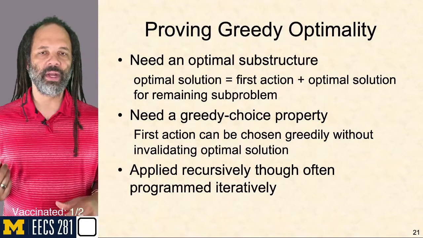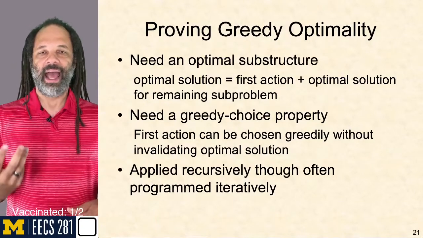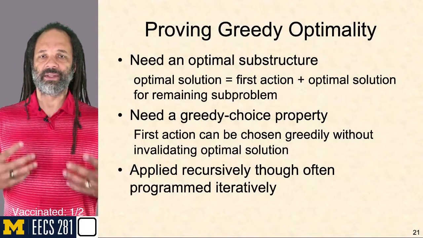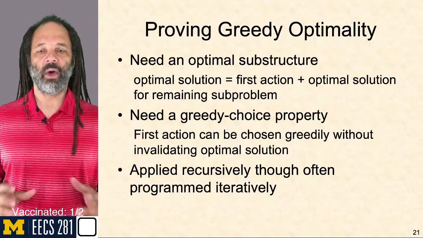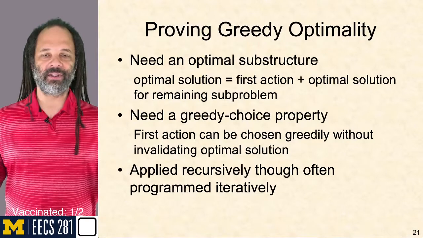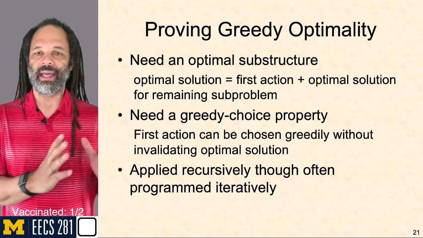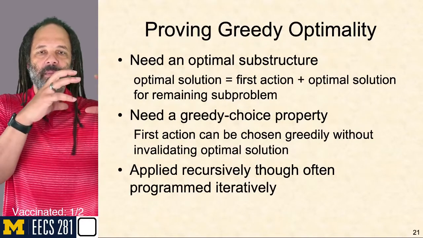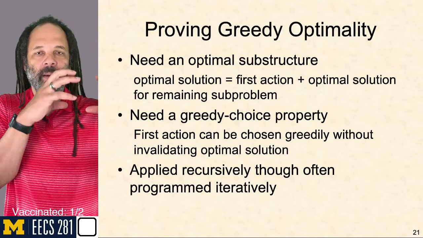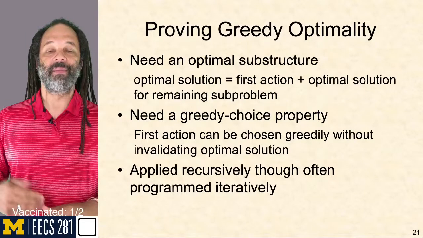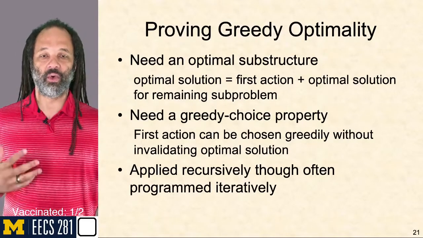I also need a greedy choice property that says, how do I have to choose that first action? Well, I have to choose the first action greedily because all my choices are greedy choices. So if I can make any first action choice greedily, and then what remains is something that can be combined as an optimal solution, then I've got something that can be called a globally optimal greedy solution.